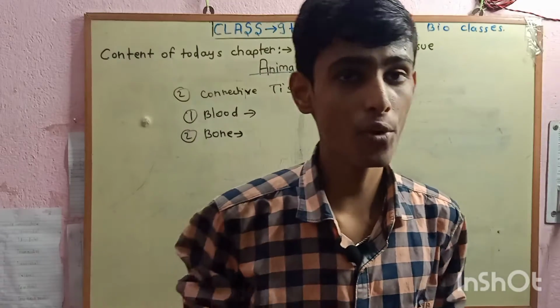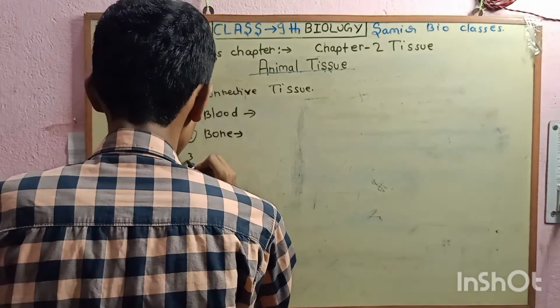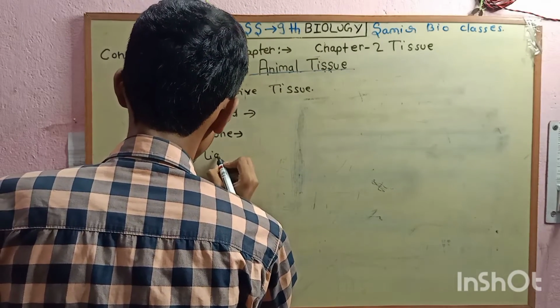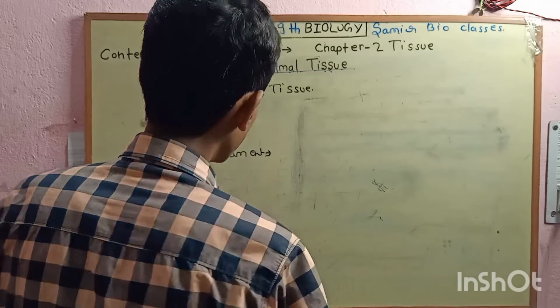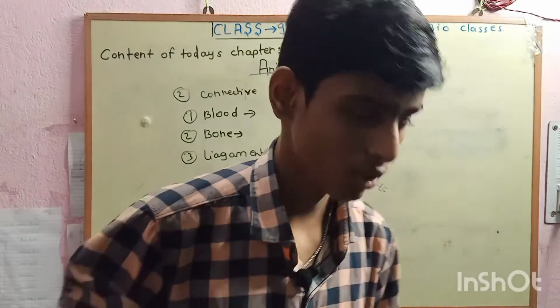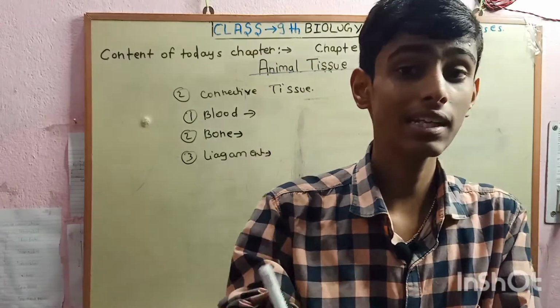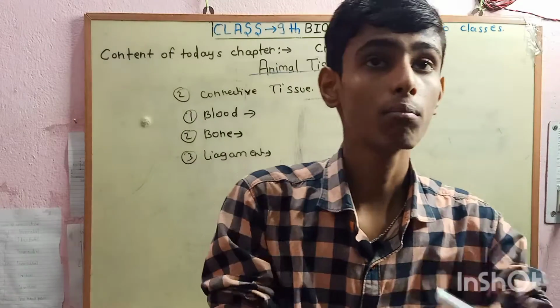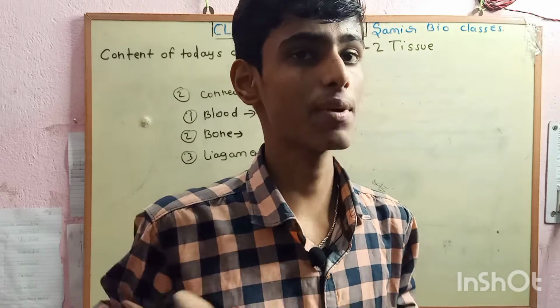The third one we are going to study is the ligament. It is like something flexible in your leg. You will see that there is flexibility due to the ligament. Ligament connects bone to bone, meaning it gives flexibility to your bone.